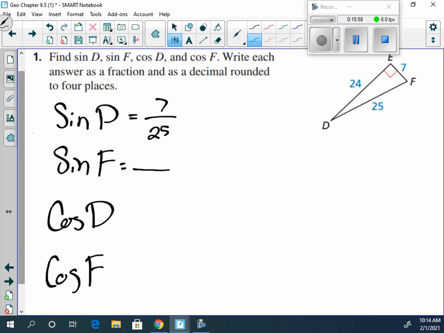And if we divided those two, we would get 0.28. Do we agree with that? Okay.